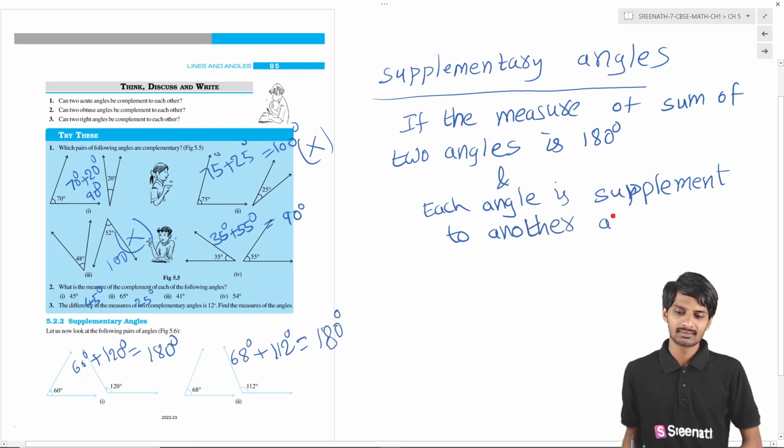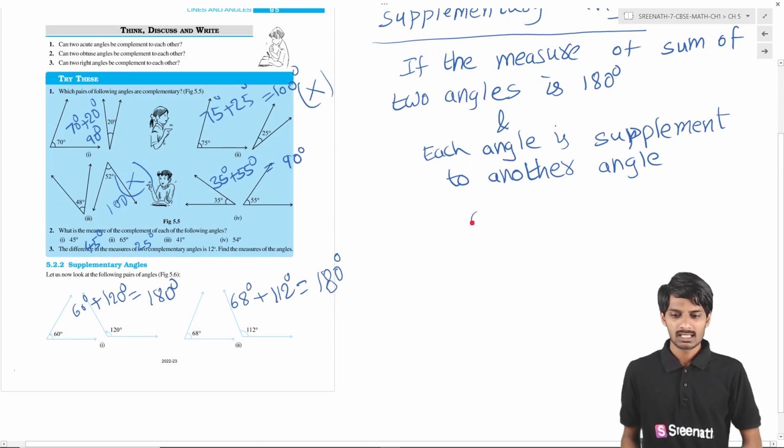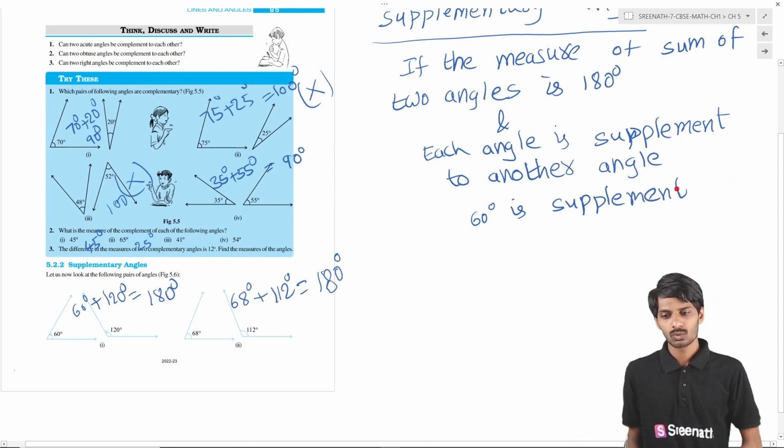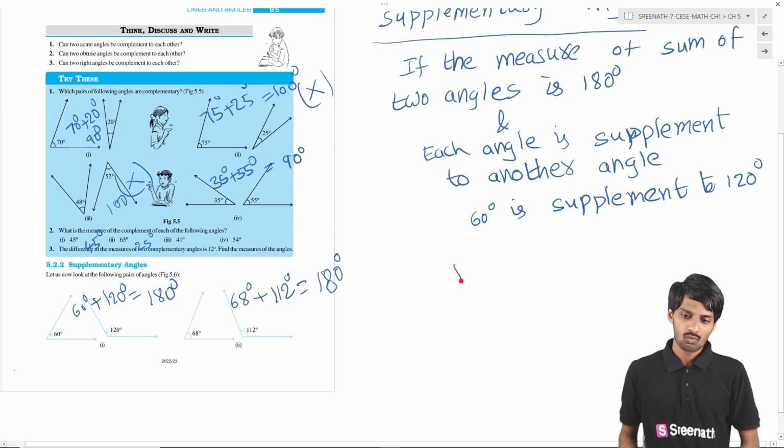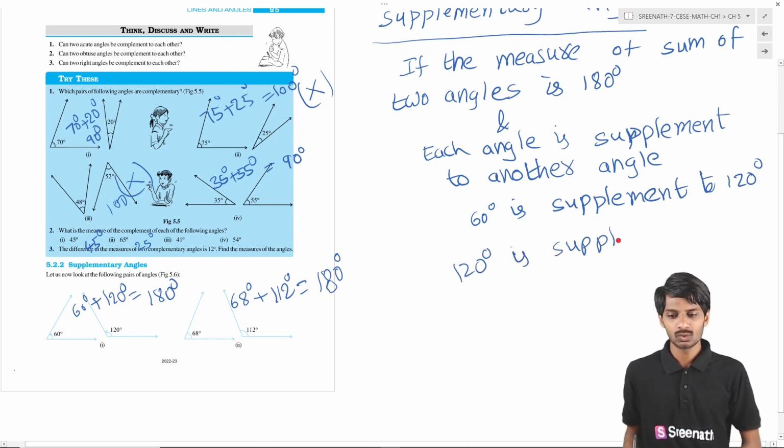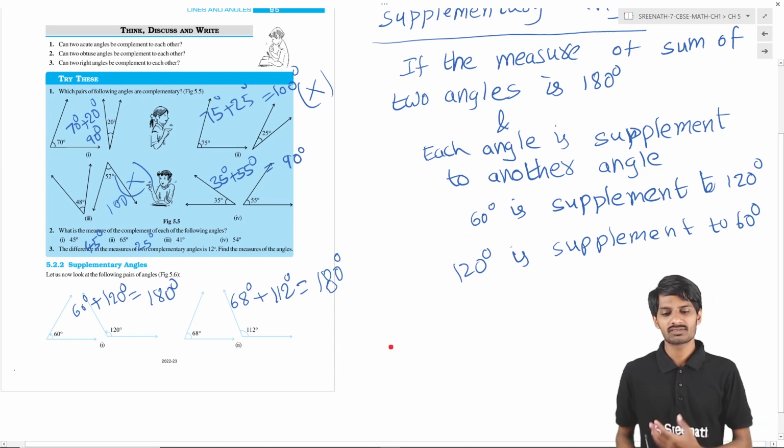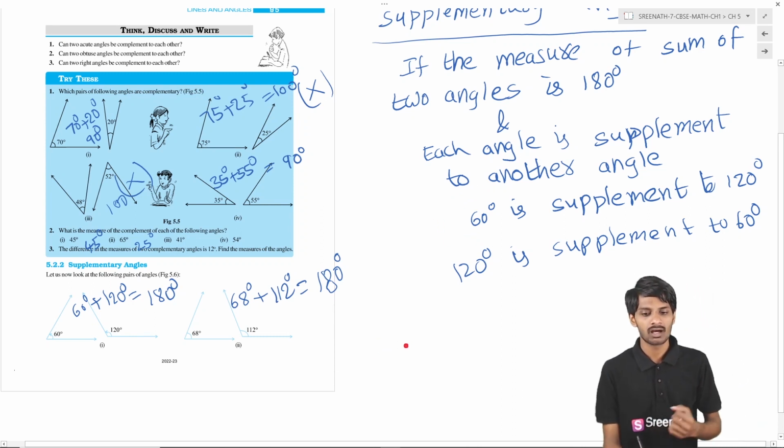Okay students, for example, 60 degrees is supplement to 120 degrees, and a 120 degrees angle is supplement to 60 degrees.